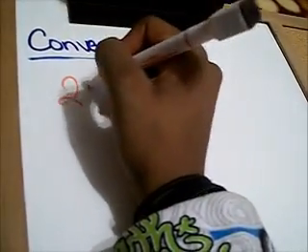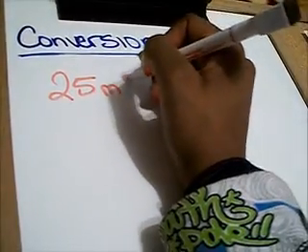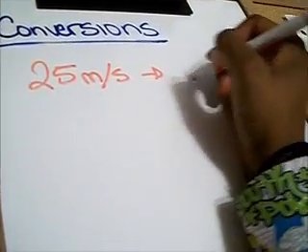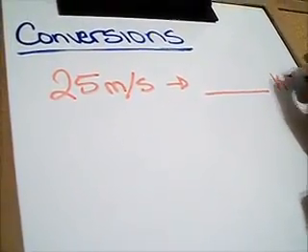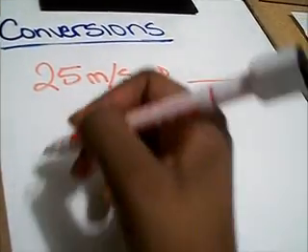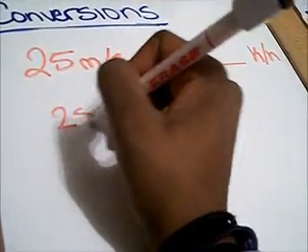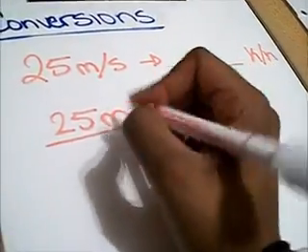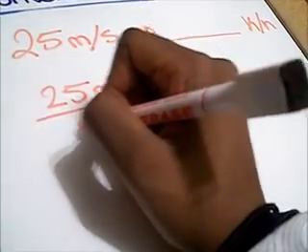Another example would be converting 2 units at the same time. So you would have 25 meters per second converted to kilometers per hour. So it's the same deal. You have 25 meters at the top and put seconds at the bottom.